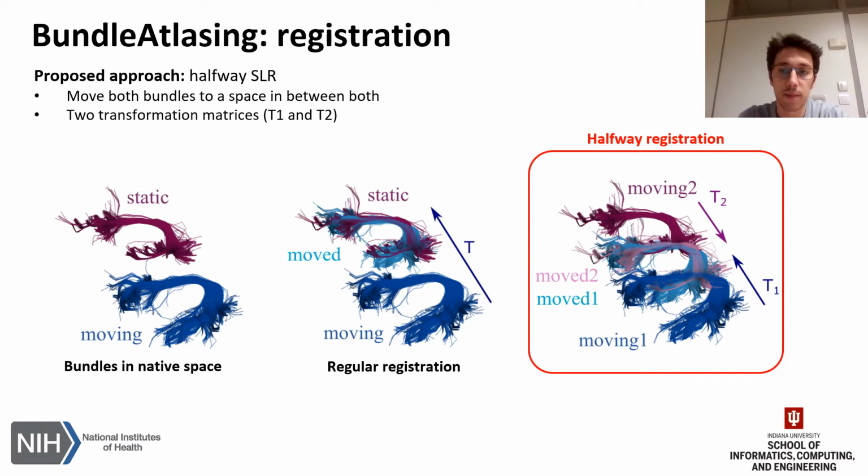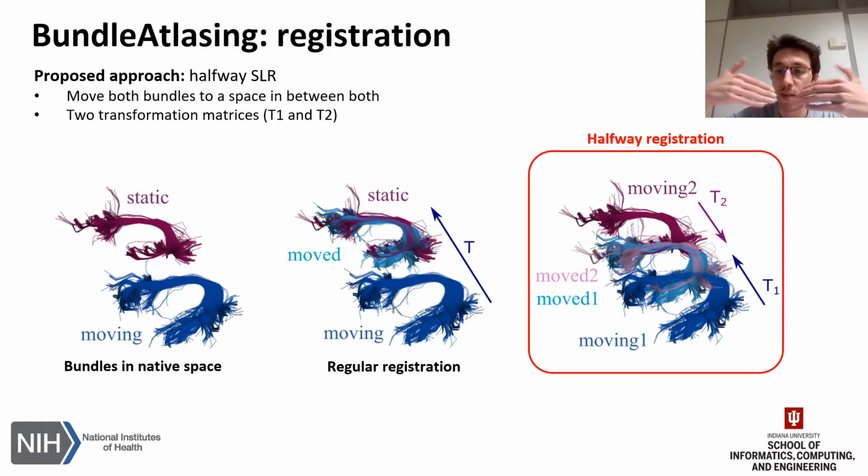So to overcome that problem, we developed an extension of the regular streamline linear registration, or SLR, that we call halfway registration, or halfway SLR. In this scenario, instead of defining a moving and a static bundle, we allow both bundles to move. So we have moving one and moving two bundles, and the idea is to find two transformations that move both bundles to a space that is in the middle, or halfway through the full transformation.